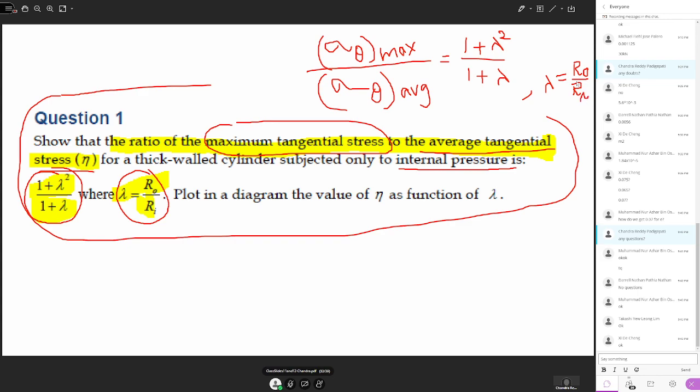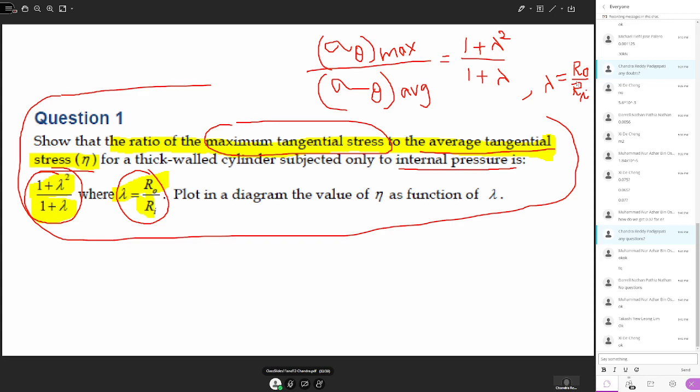This is applicable for all thick wall cylinders. So the ratio of the maximum tangential stress over the average tangential stress can be written in terms of the ratio of the outer radius and inner radius like this.